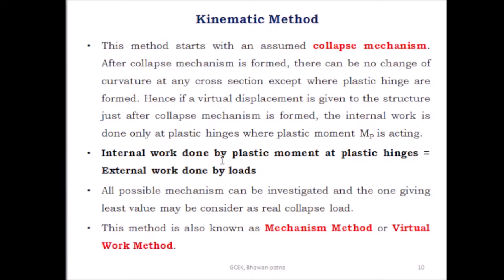So in this method, we have to equate the internal work done by plastic moment at plastic hinges with the external work done by loads. And we have to find all possible mechanisms, and the one giving the least value may be considered as the real collapse load. This method is also known as the mechanism method or virtual work method.